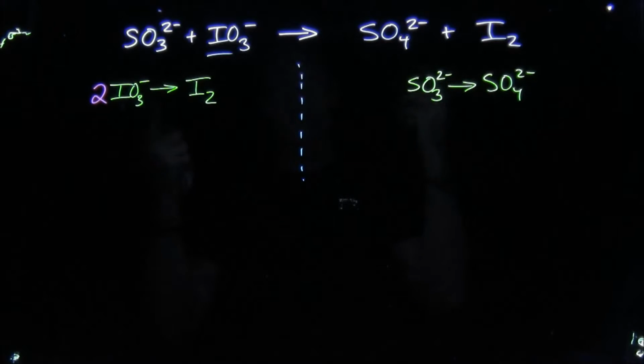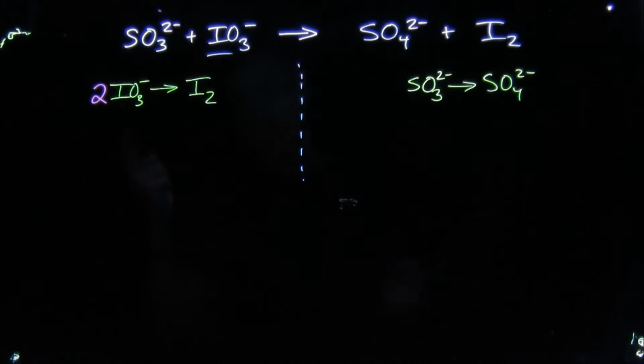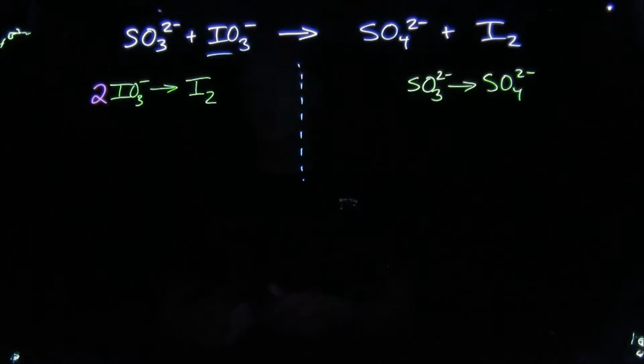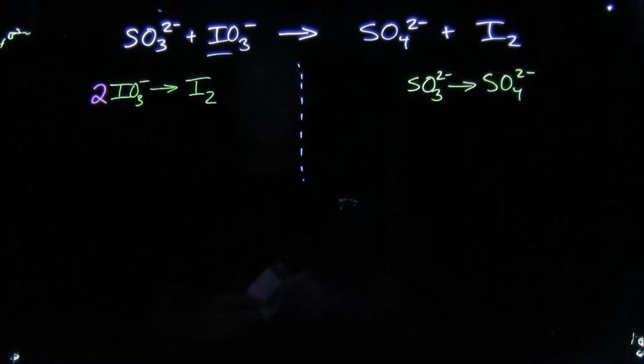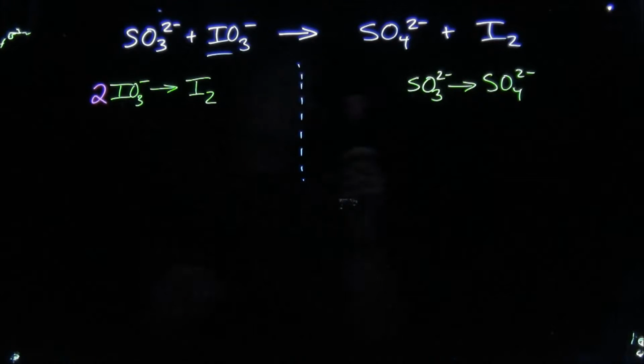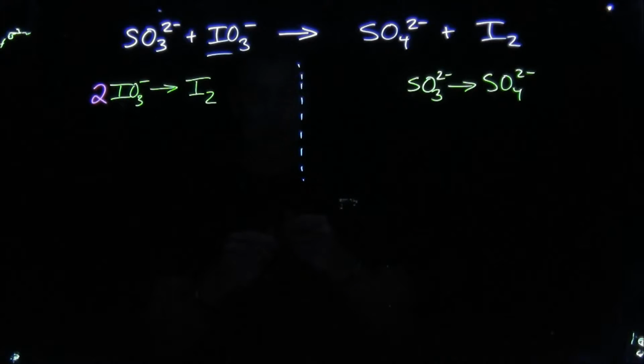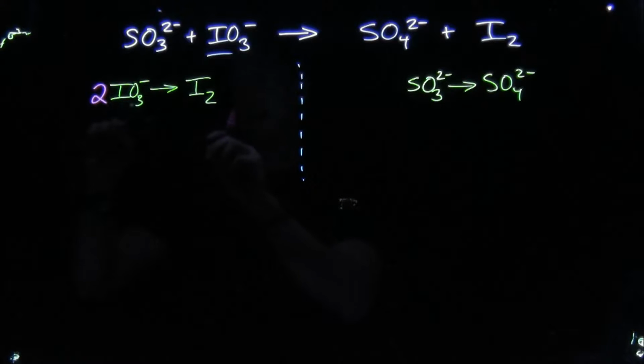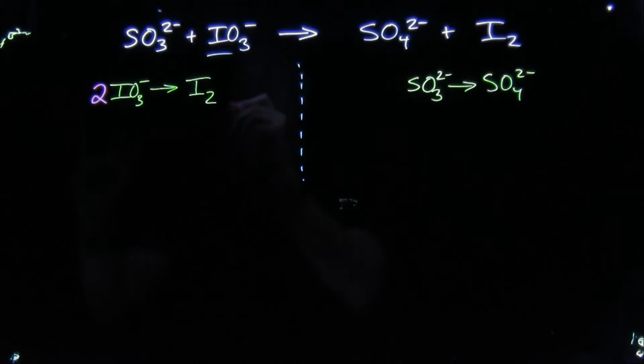Now step 1 was breaking it in half. Step 2 is balancing anything that's not hydrogen or oxygen or charge. And so that gets us to step 3. You are going to try and fix the oxygens. If I look at this one, 2 iodates give us 6 oxygens total.